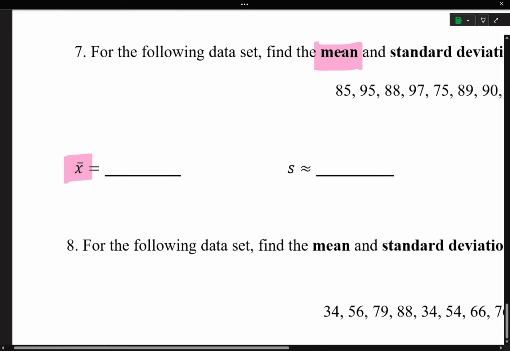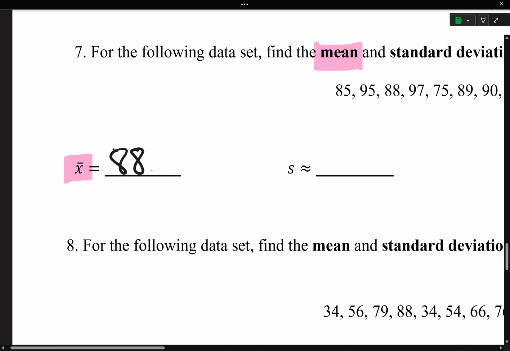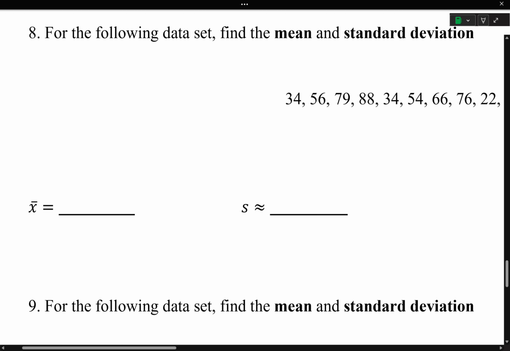Okay? So in number 7, I have a mean of 88.27 and a standard deviation of 7.46. Please practice typing this. This is muscle memory. Just writing this down from the video is not going to help you. All right, number 8.